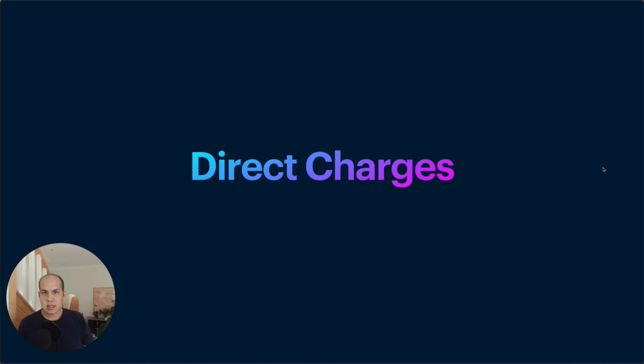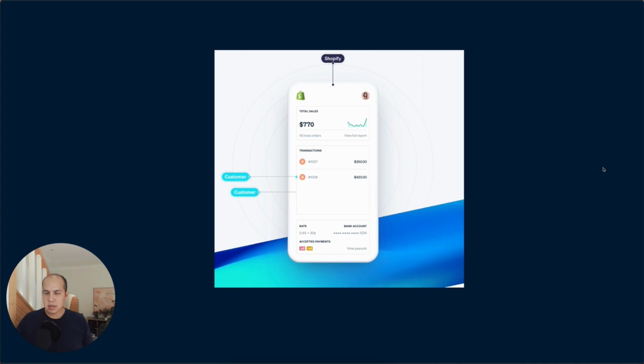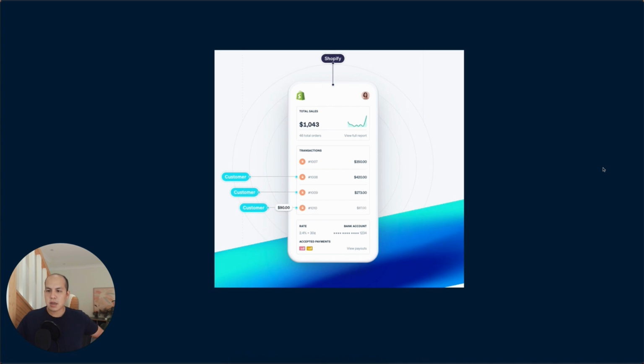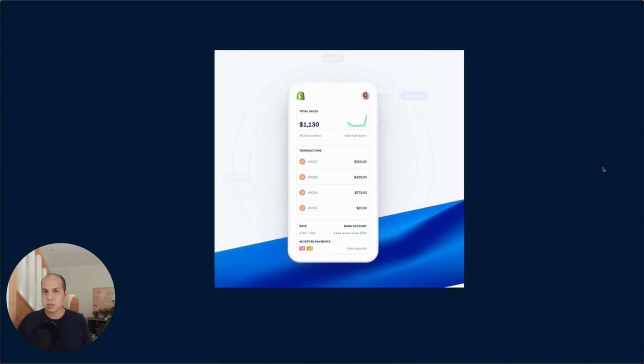So now we're going to take a look at direct charges. This is an example that Stripe provides around direct charges, where you get payment from the customer that gets sent directly to the merchant, and the platform takes an application fee. But who pays the Stripe fees is now on the merchant side or the connected account side, not the platform.